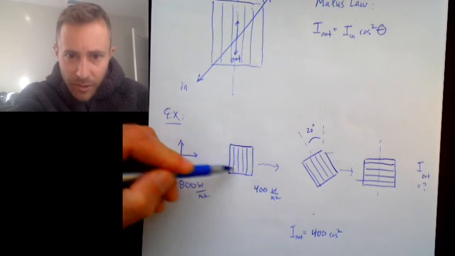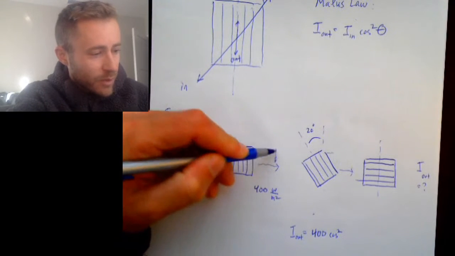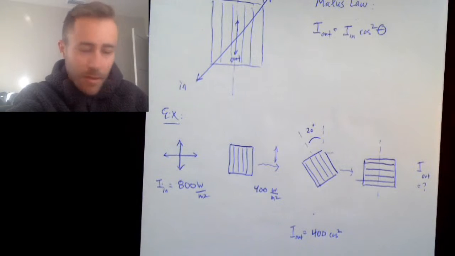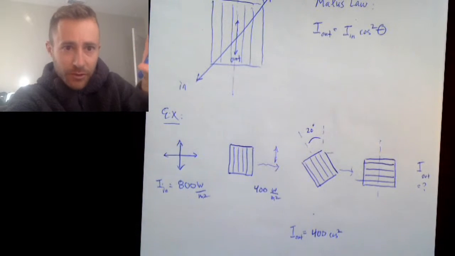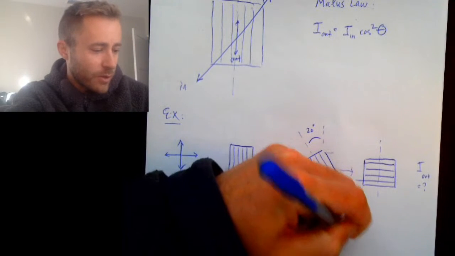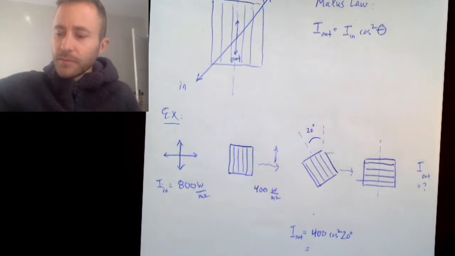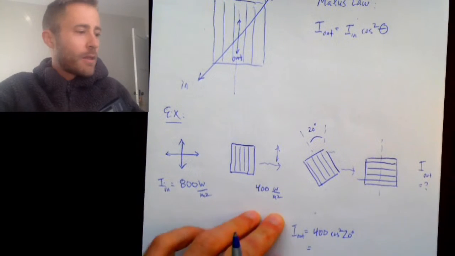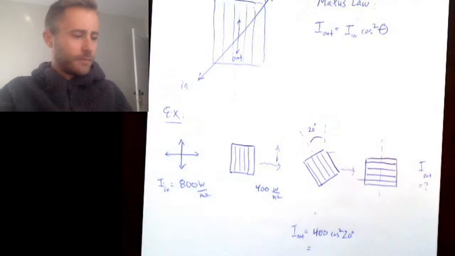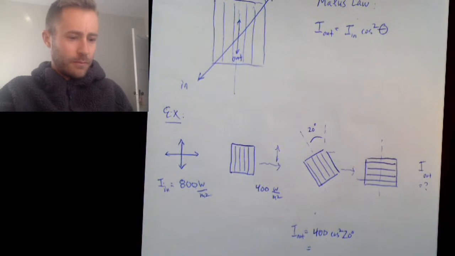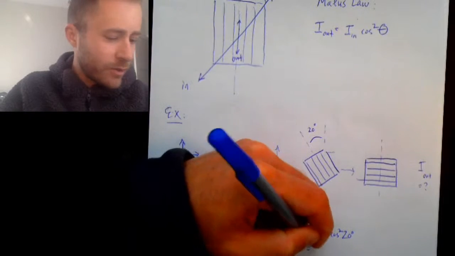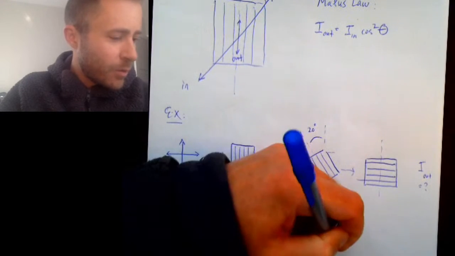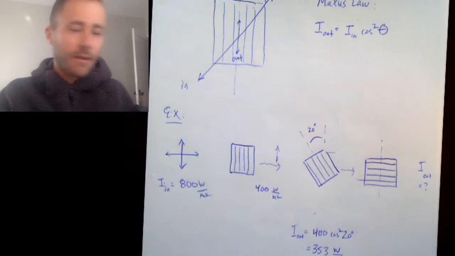Now this light that comes out of this first filter is going to be polarized up and down. So this filter is at a 20 degree angle to that. So we have cosine squared of 20 degrees, that gives us an intensity of 353 watts per meter squared.